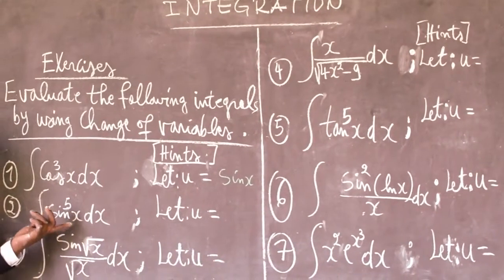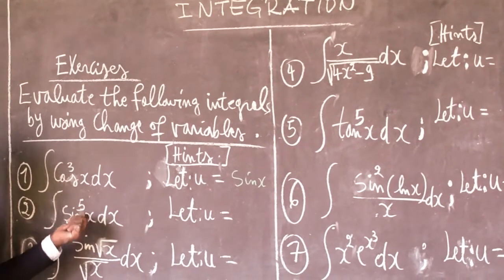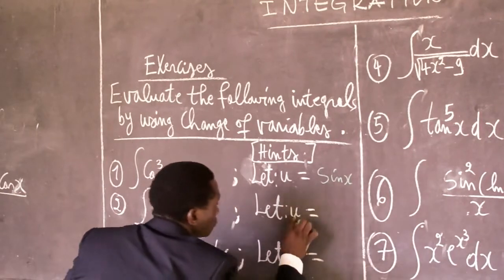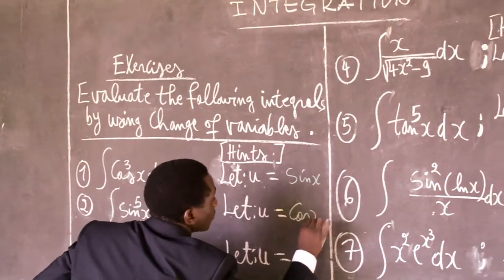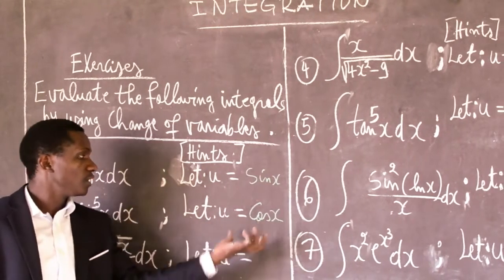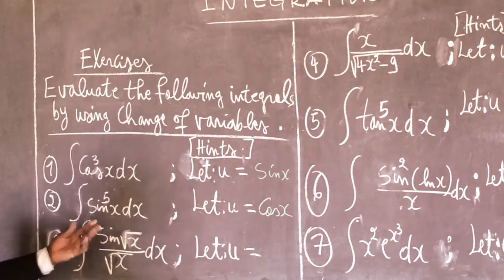For the second question here, we have the integration of sine^5 x dx. From here we assume that u equals cosine x. Then after we differentiate both sides and we continue, it will be very easy to obtain the answer.